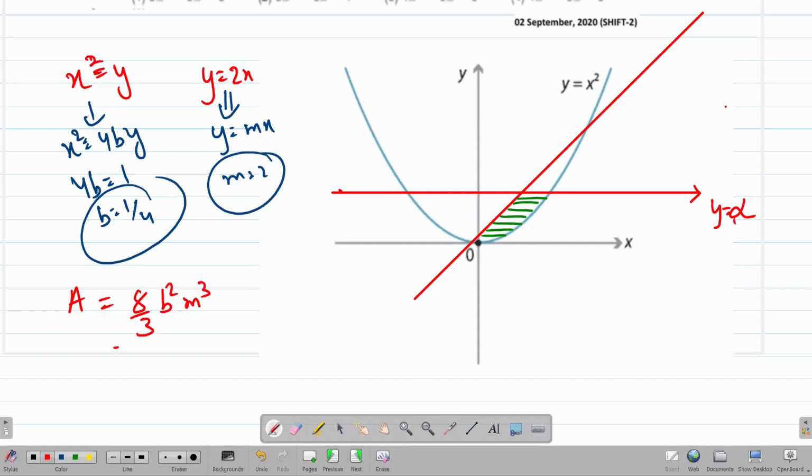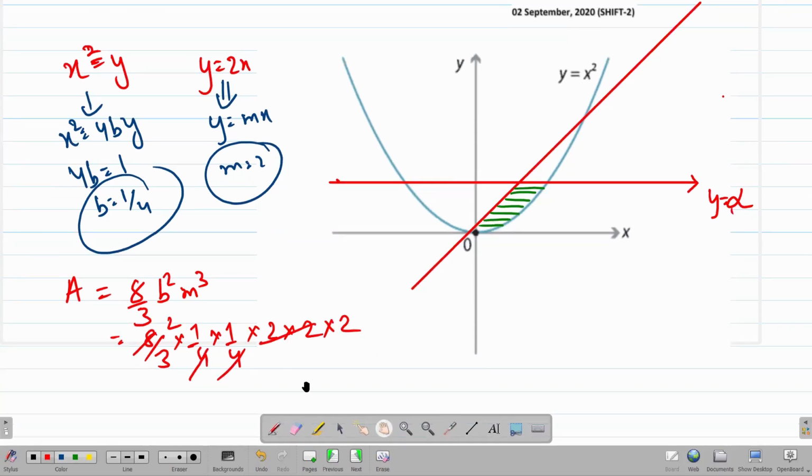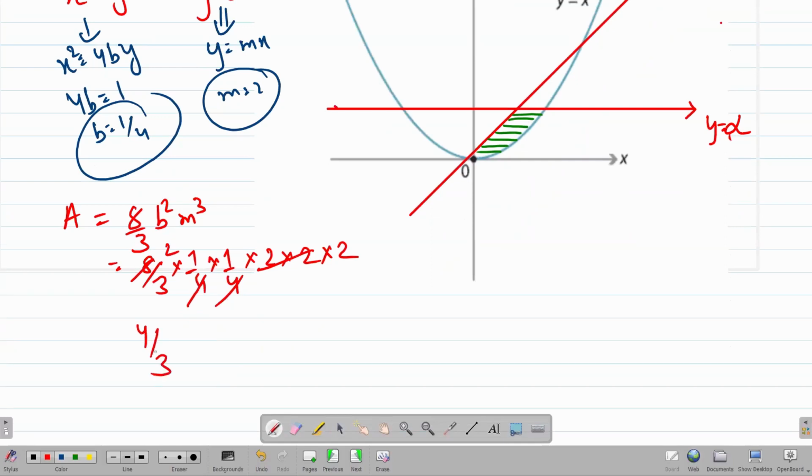So here I replace b by 1 by 4 and m by 2. So what I get from here, this comes out to be 4 by 3. And this is equal to 2 times area of OAB. Suppose this is my A as well.